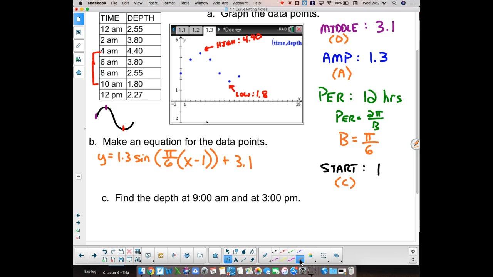What if I wanted to make a cosine curve out of this? Y equals, would my amplitude be the same? Yes, 1.3 cosine. Would my period be the same? Yes.